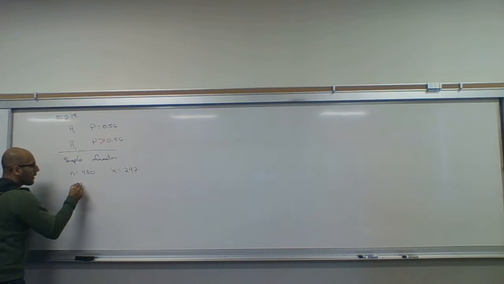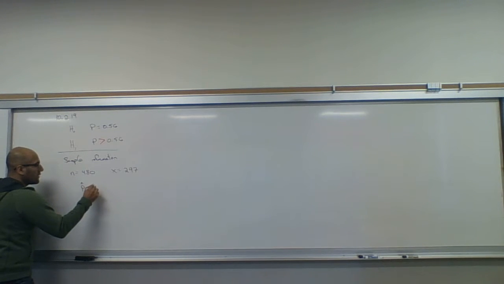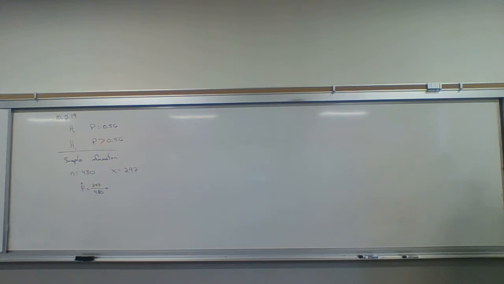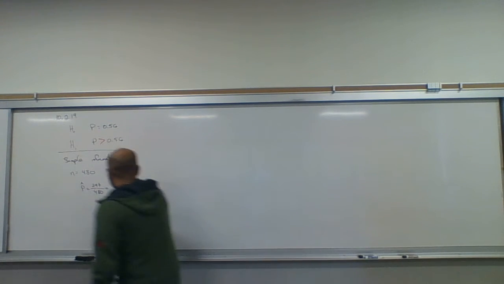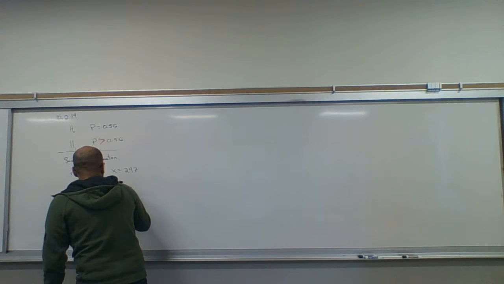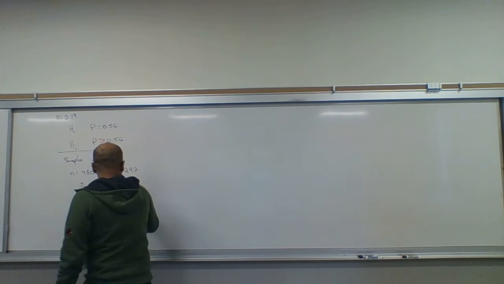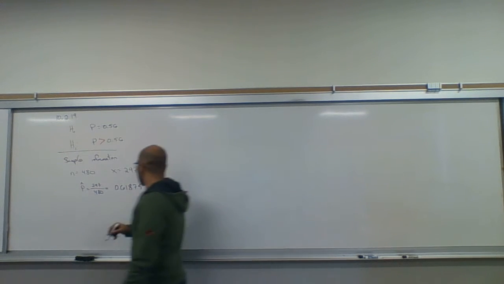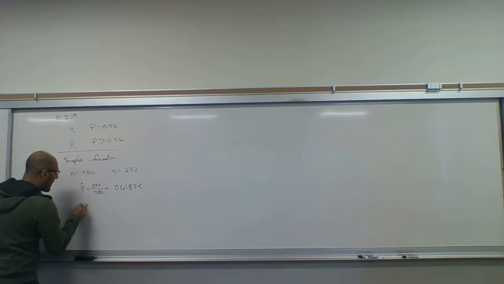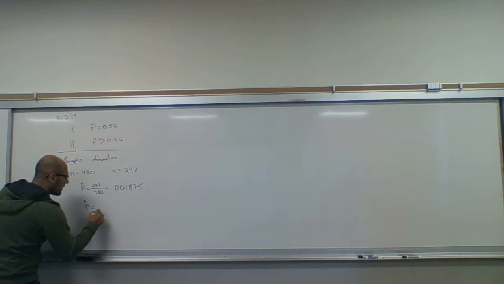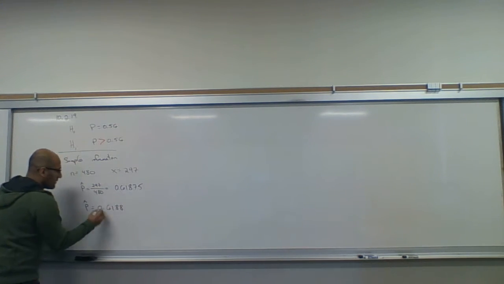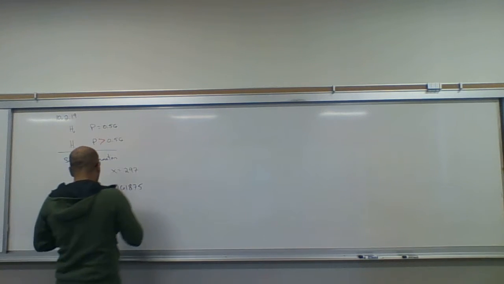Therefore, our p hat, our sample proportion, is 297 over 480, which is 0.61875. We can go to 4 decimal places and round that to 0.6188. So our p hat is 0.6188.